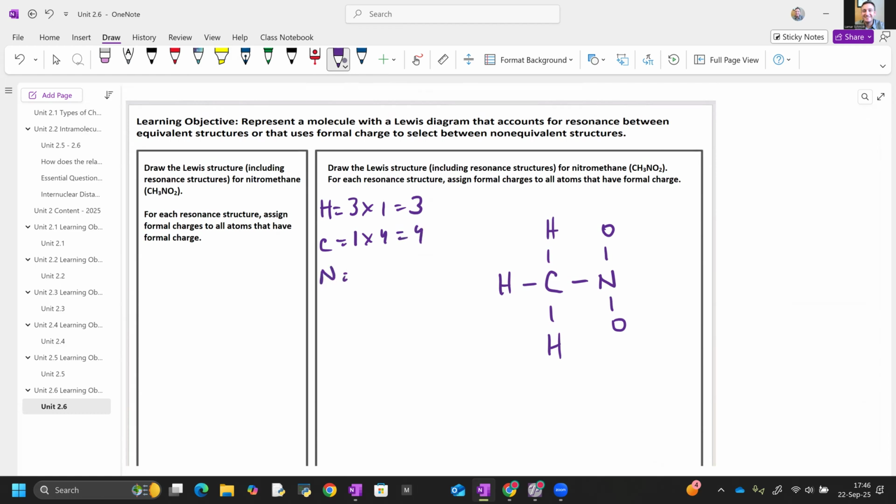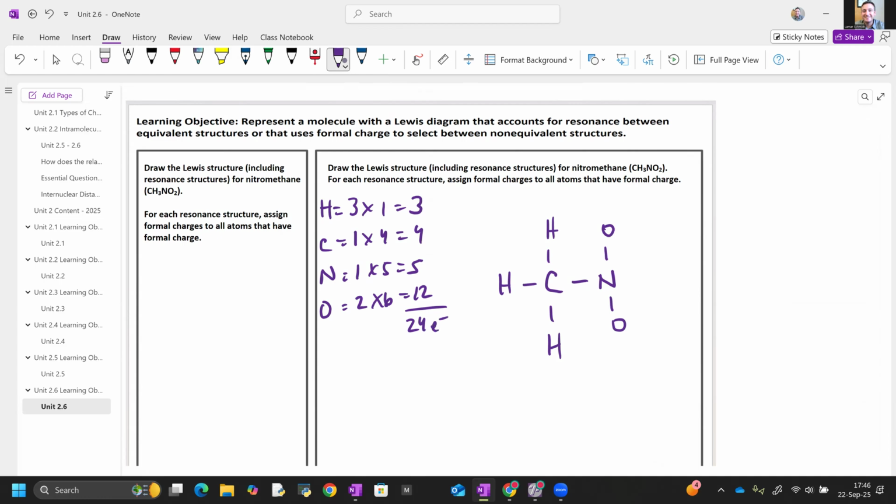We have nitrogen, which is 1 times 5 valence electrons, which is 5. And then we have oxygen, which is 2, because there are 2 oxygens, times 6 valence electrons, which is 12. All right. And so we see 7 plus 5 is 12 plus 12. So we get a total of 24 electrons.